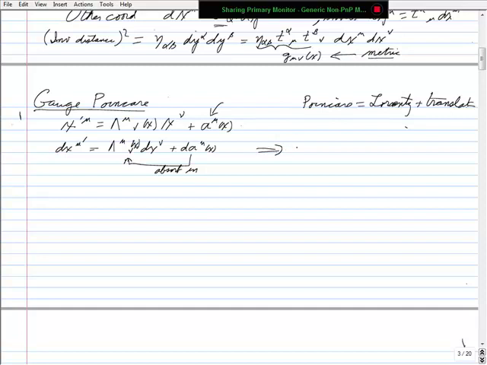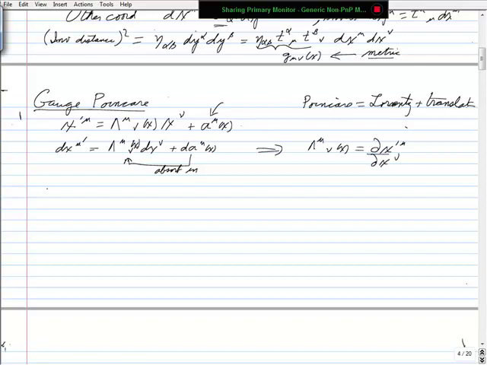And then lambda mu nu of x is written in terms of the little differentials of the coordinates as the derivative of x prime mu with respect to x nu. Okay, so there's going to be our transformation that we're after.